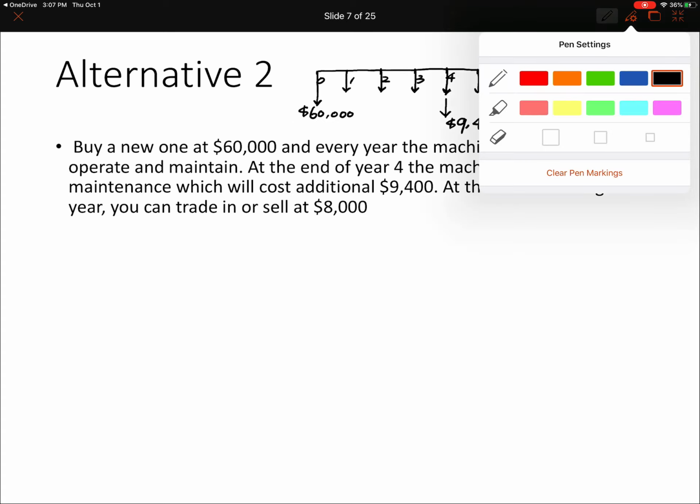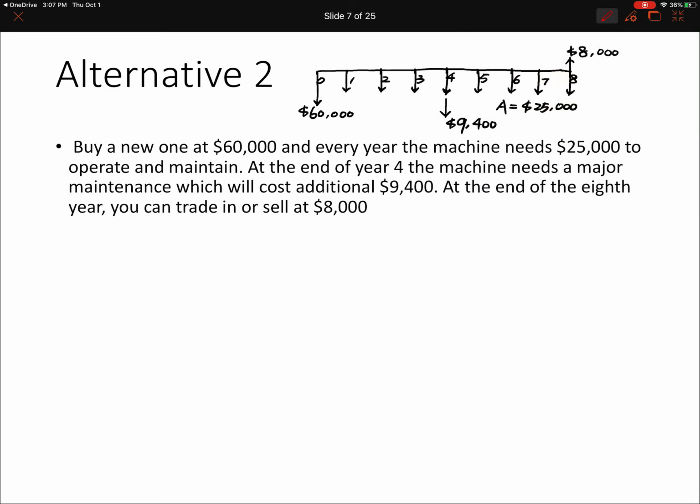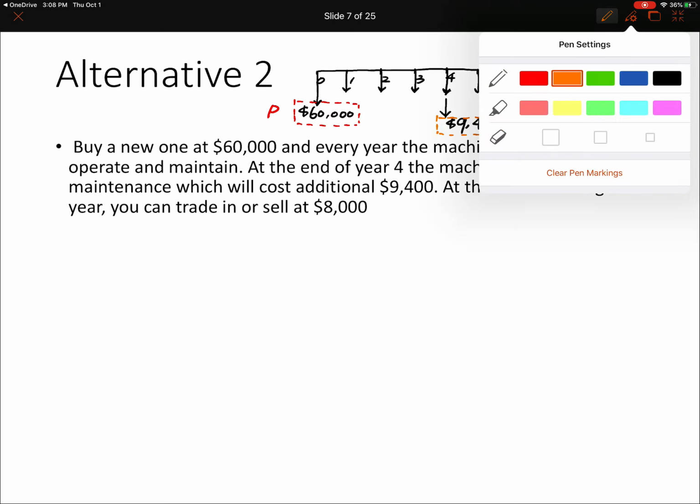So on this cash flow diagram, how many types of cash flows, or how many different cash flows, do we have? Let's see. You have the first part, which is a P value. We have this 9,400, which compared to time 0 is a future value, right?